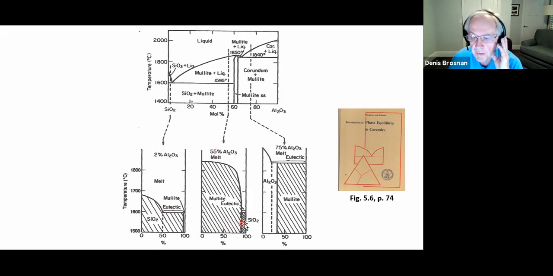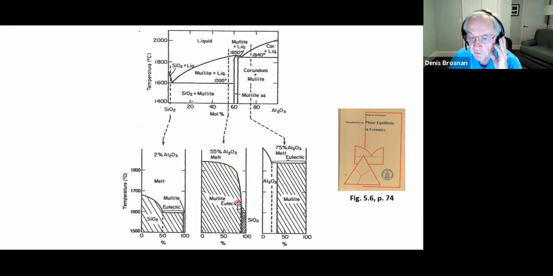You can see a map of phase composition, percentage of each phase present versus temperature. And so the phases present are silica and mullite at temperatures on heating. There's a little bit of mullite shown here on the right side of the diagram. And you can see where the liquidus temperature is. Okay.